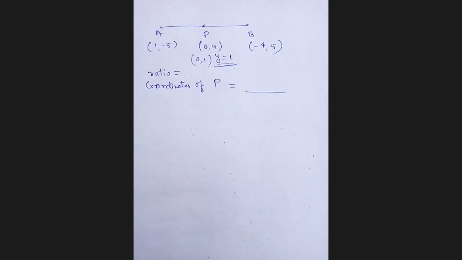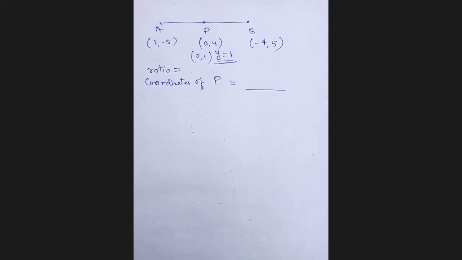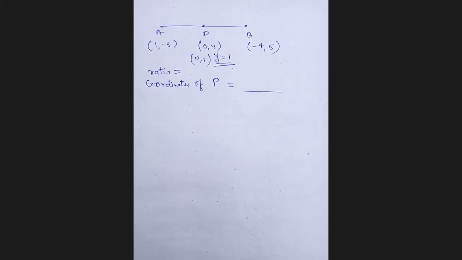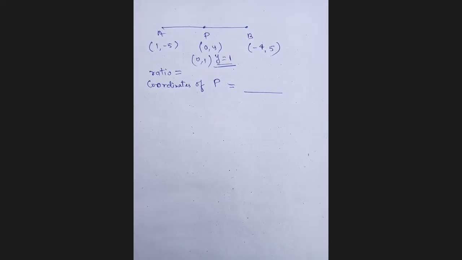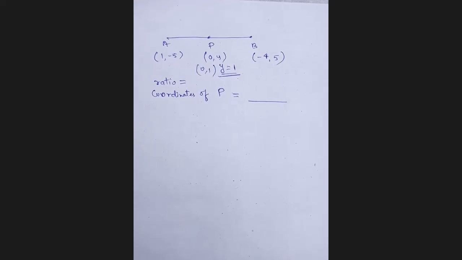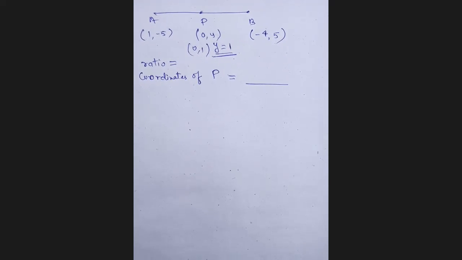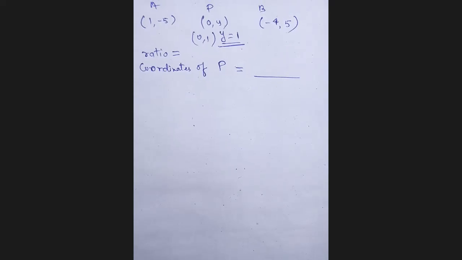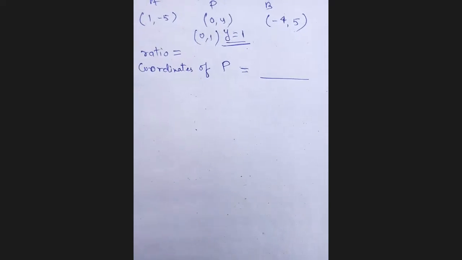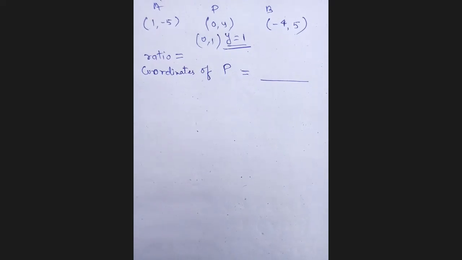Say now Riya and Devasmita, what will be the ratio? आपने रेशियो क्या फाइंड आउट किया? Because there are two questions. You have to say here ratio as well as the coordinate of P. Yes, students, tell me, why are you not replying?